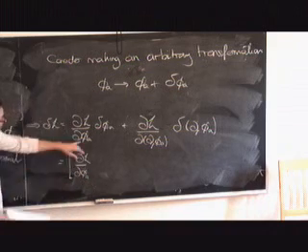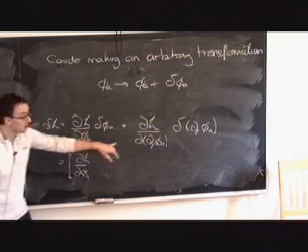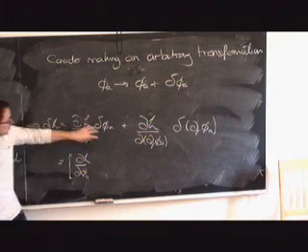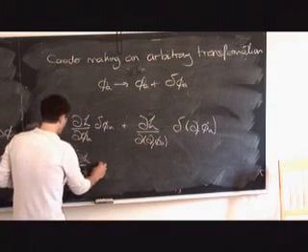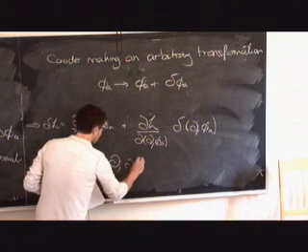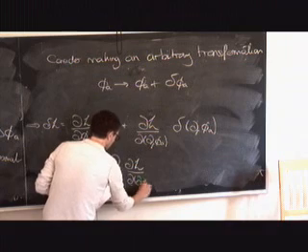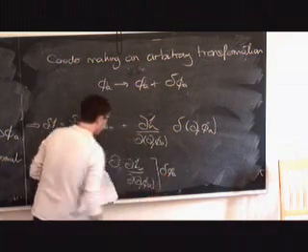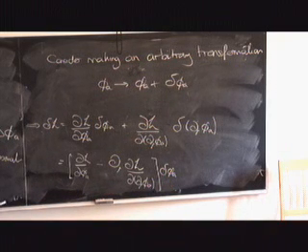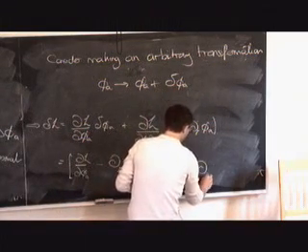The action depends on phi and the derivative of phi. So the change in the Lagrangian has two pieces, one where phi changes, one where the derivative of phi changes. And then we sort of integrate by parts, except that we're not integrating.